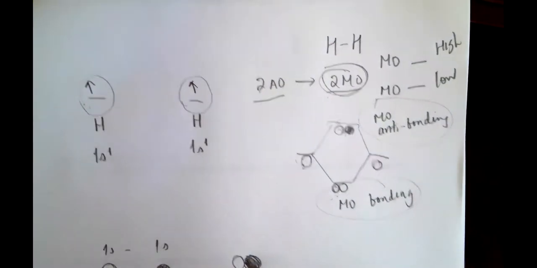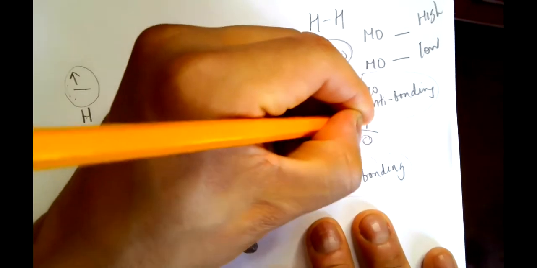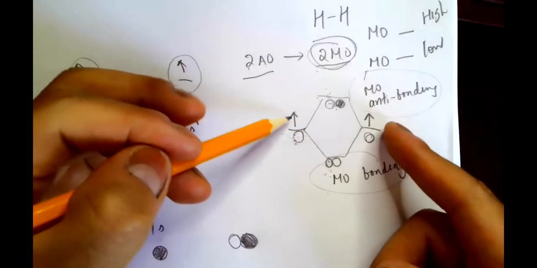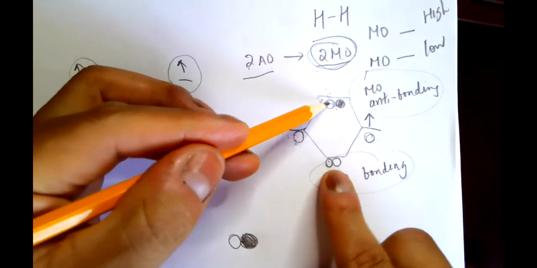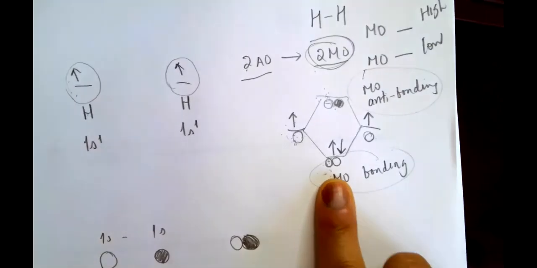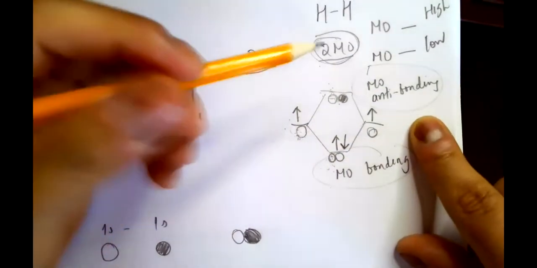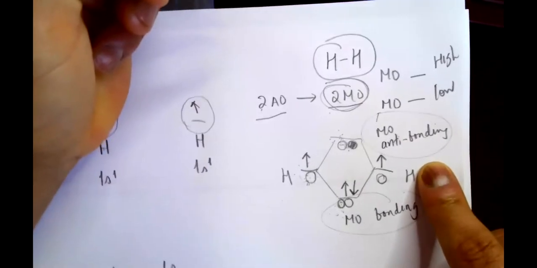Okay? So whenever you place electrons, for example, in case of hydrogen, you have one electron here, one electron here. Now I have to place these two electrons from atomic orbitals in the MOs. So 1 and 2, 1 and 2. So what is the gain here? Yeah, definitely. Hydrogen will form H2. Why?